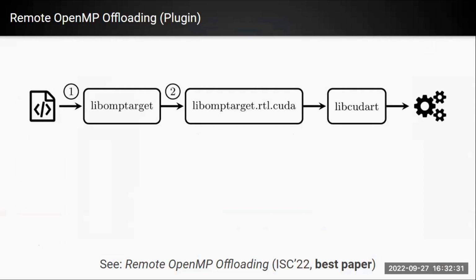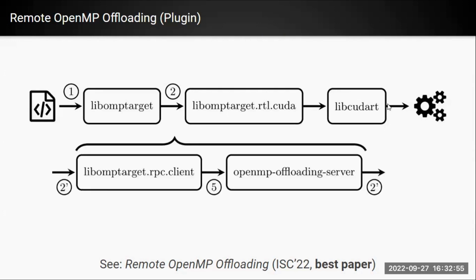That libomptarget talks to the plugins, one per architecture. In this case, the CUDA plugin, which will then eventually talk to the CUDA runtime, though it can or cannot, we don't really care. And then that talks to the device. libcuda is effectively our driver that talks to the device.